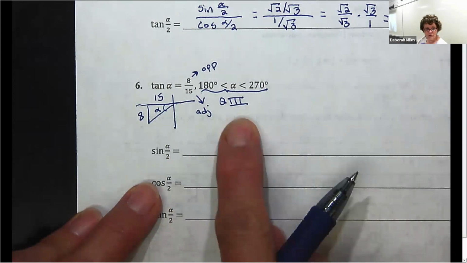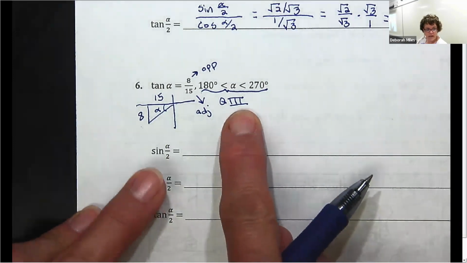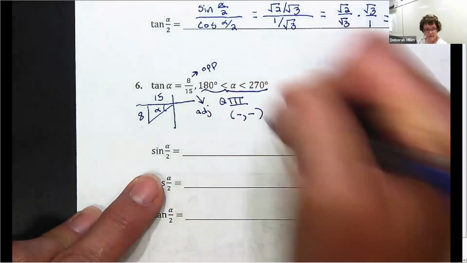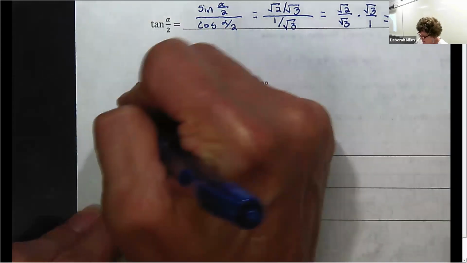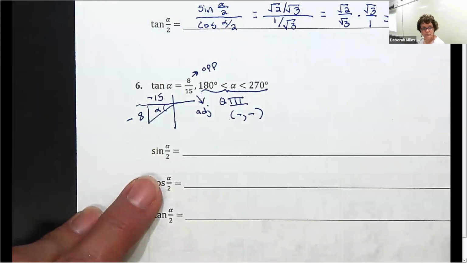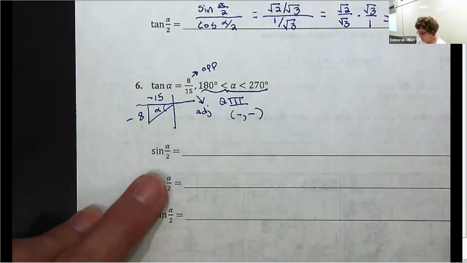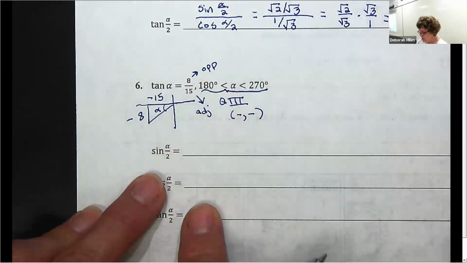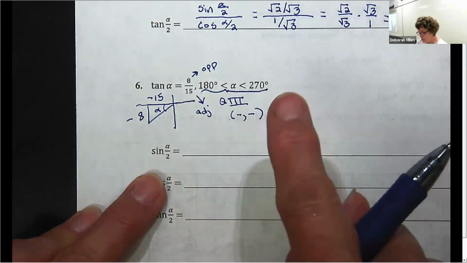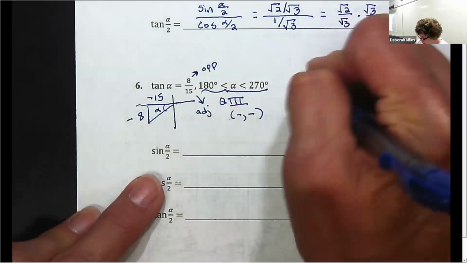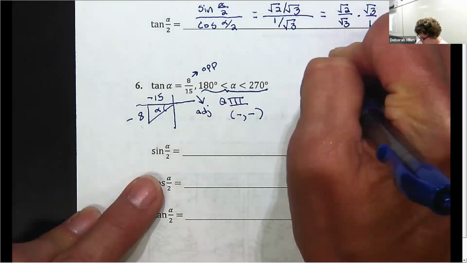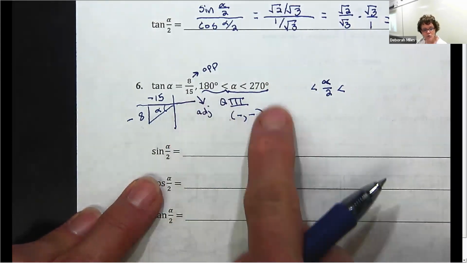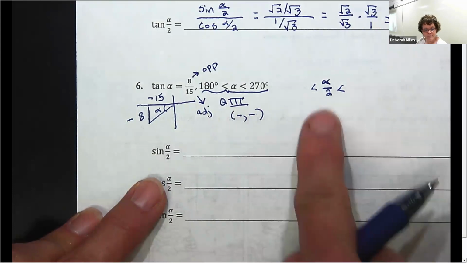And also pay attention to the fact that this is in quadrant 3, where we know what? Both the x and the y are negative. So that needs to be -8 and -15. Now, we use that information to draw our triangle, but when we use the formula, we've got to figure out which quadrant alpha over 2 is in. If alpha is between 180 and 270 degrees, what's alpha over 2 between?